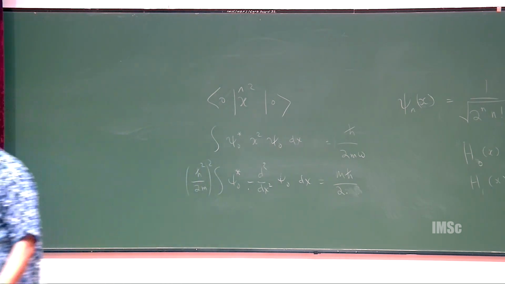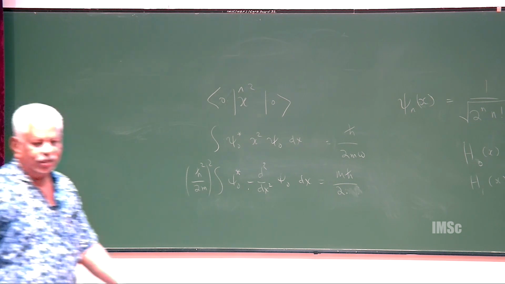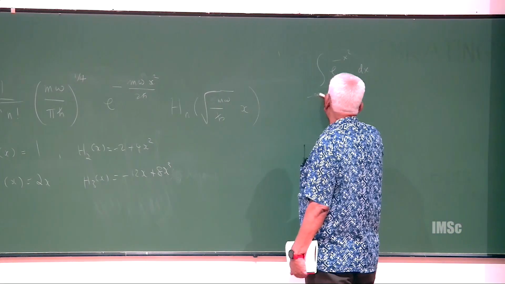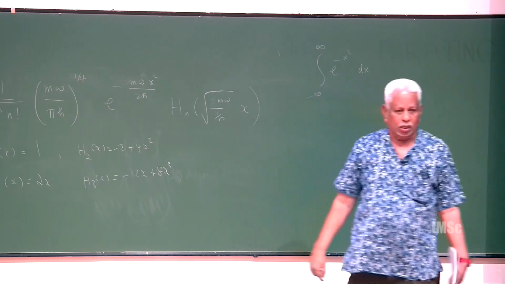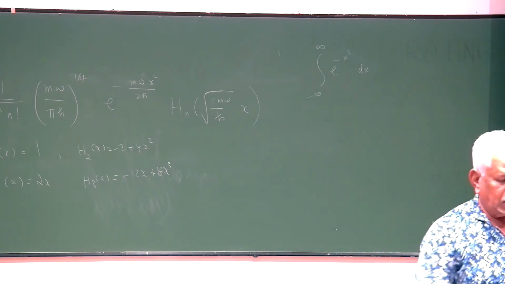Now, doing such integrals is not very difficult, and probably in the examinations they threaten you with evaluating many of these things. It is essentially working out Gaussian integrals. The integrals are of this form. If I ask you to work out this integral from minus infinity to plus infinity, what is the answer for that?